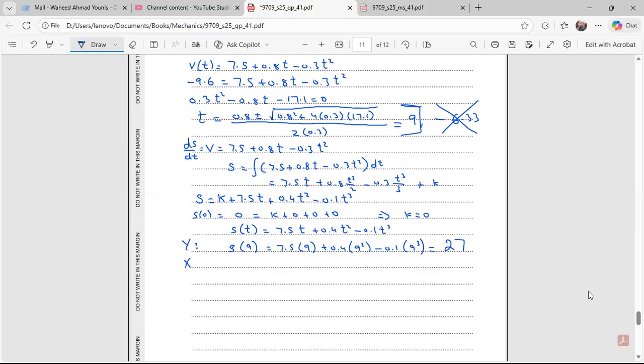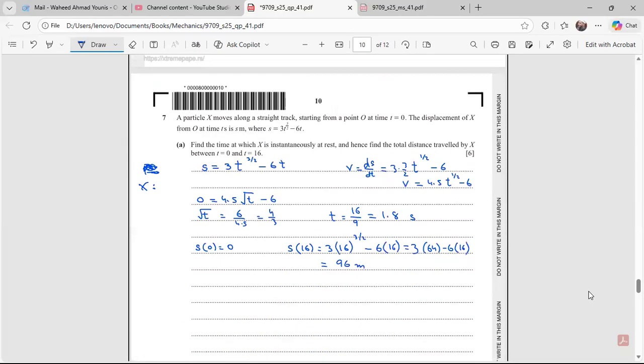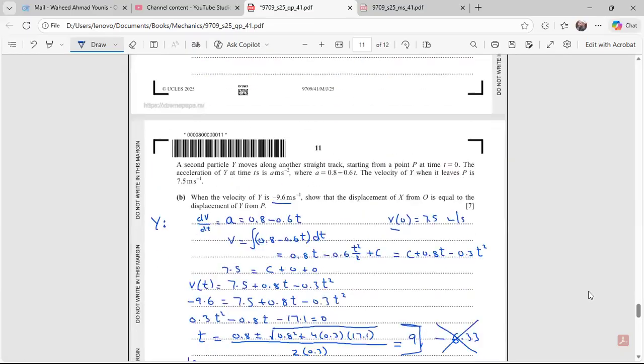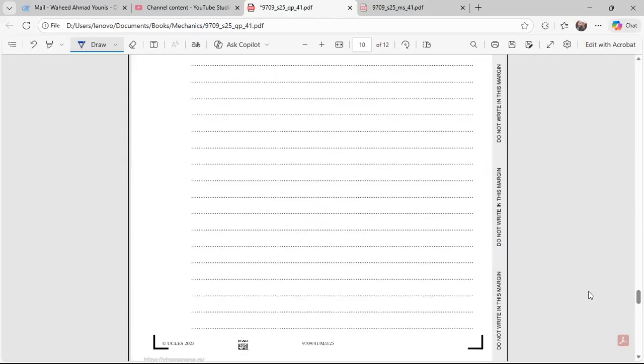Now let's calculate the distance for x at 9. And remember, we have to use this expression, which was given to us: 3t power 3 by 2 minus, I believe, 6t. Let me double check.